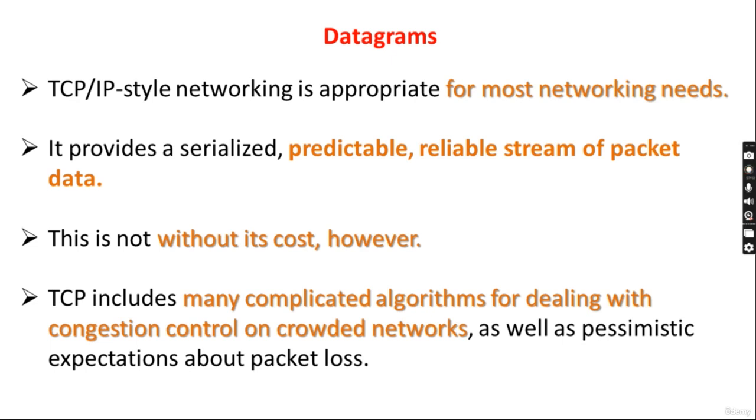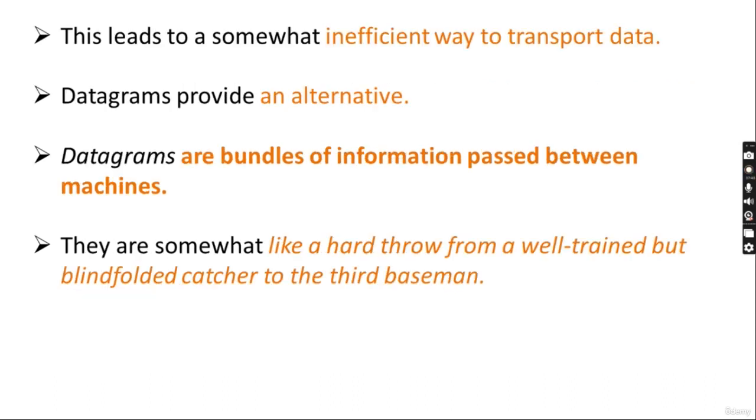Although it is a serialized, predictable, and reliable stream for packet transfer from one point to another, this is not without its cost. It has very complicated algorithms to deal with how you control the traffic on the network, how congestion will be controlled, and also a pessimistic expectation, that is, it will always expect that packet data will be lost.